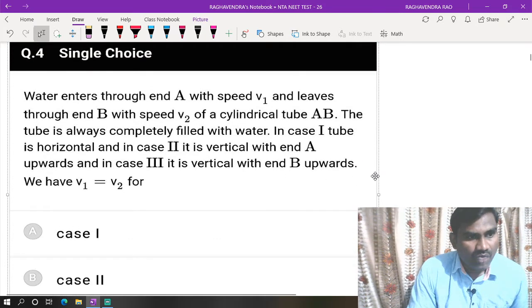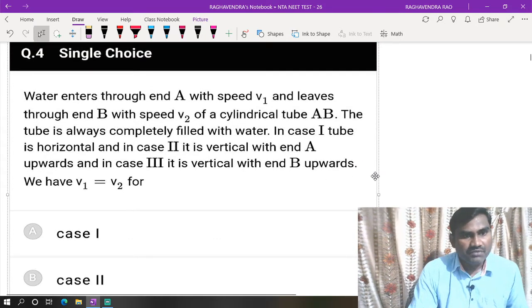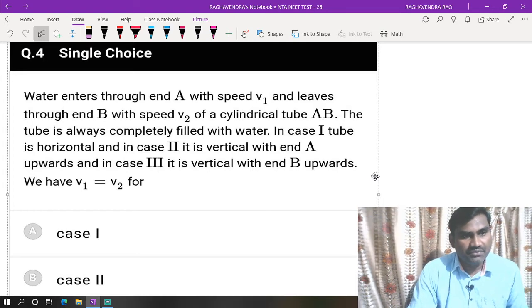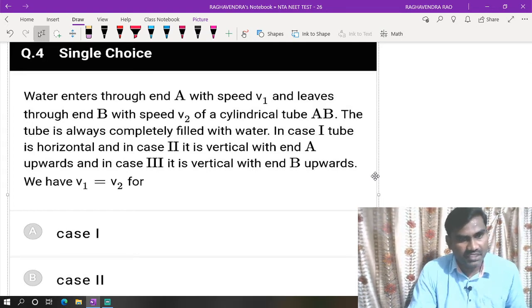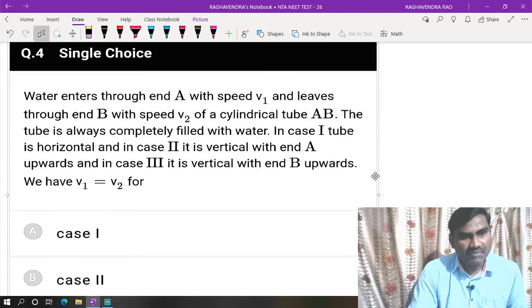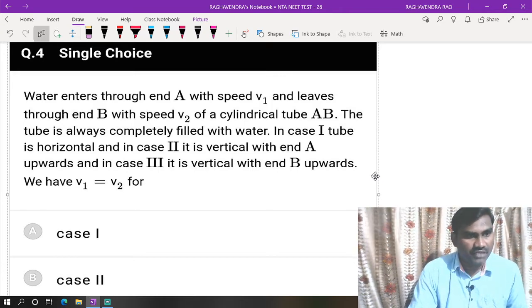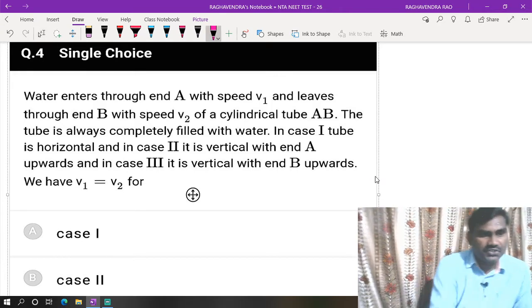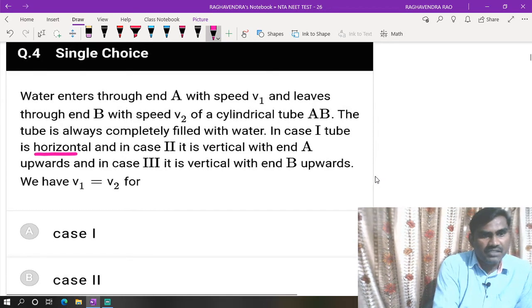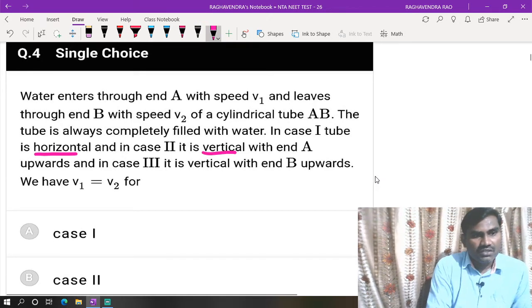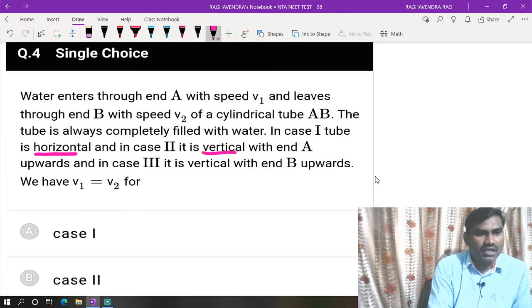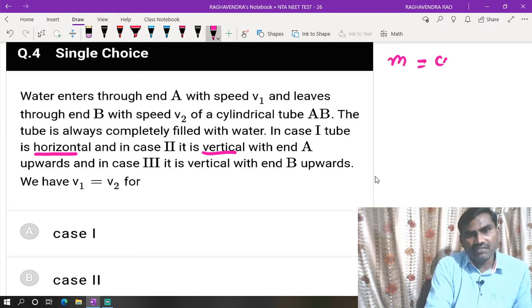Water enters through end A with speed V1 and leaves through end B with speed V2 of a cylindrical tube AB. The tube is always completely filled with water. In case 1, the tube is horizontal, and in case 2, the tube is vertical. Whether it is vertical or horizontal, as it is completely filled with water, the mass of the water will remain constant.